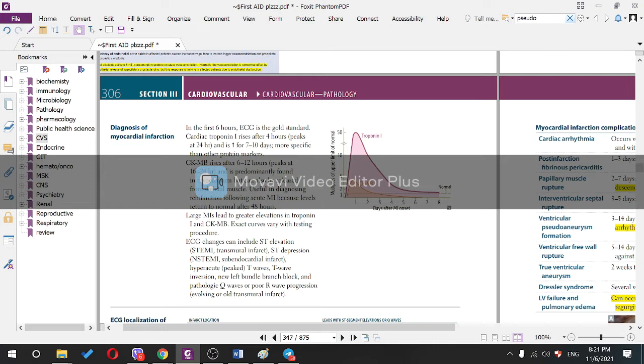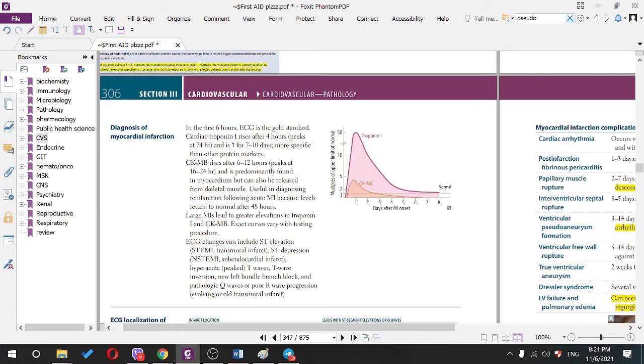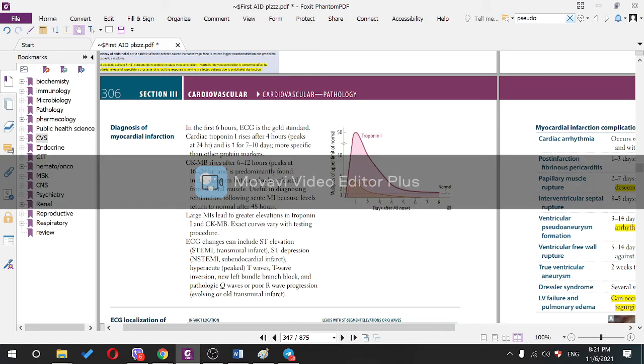Large MIs can lead to a greater elevation in troponin I and CKMB. Exact curves vary with testing procedure, so you cannot tell according to how high the level is whether it's a new infarction or not.